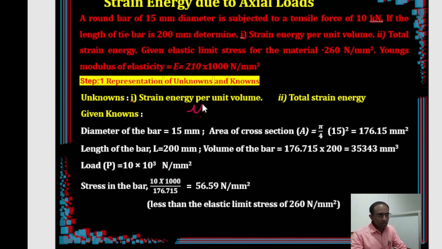It is represented with a symbol, say small u, and you can write that in terms of load, Px, or in terms of stress, sigma square by 2E, or in terms of strain, E epsilon square by 2.